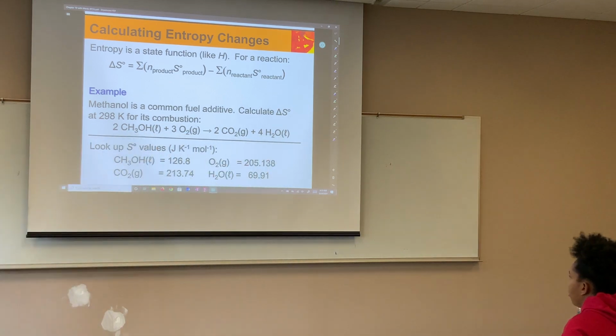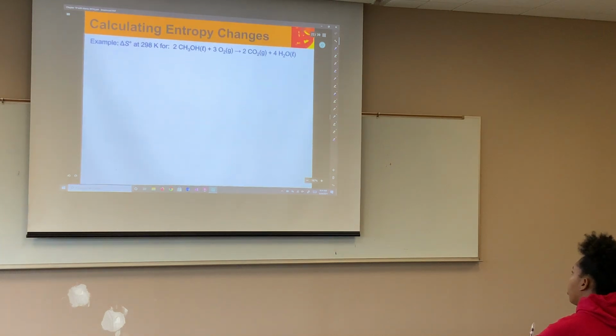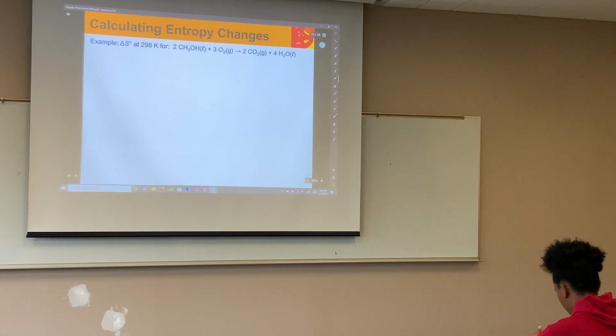Let's see, did I ask you to work this through, or did I give you a blank space here? Okay, so a little bit of blank space for you to work this through. But I think you get the point here. Our delta S naught is equal to the sum of our products minus the sum of our reactants.